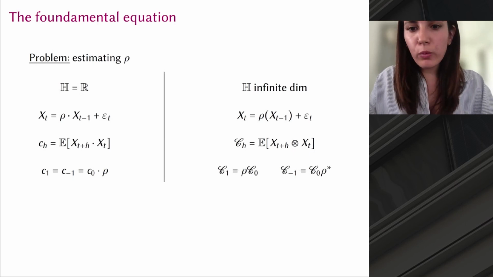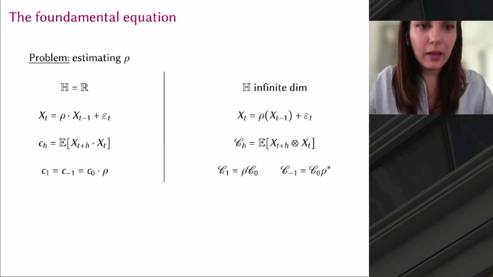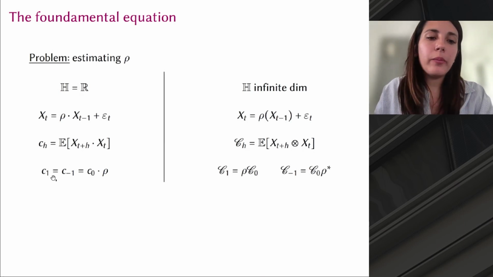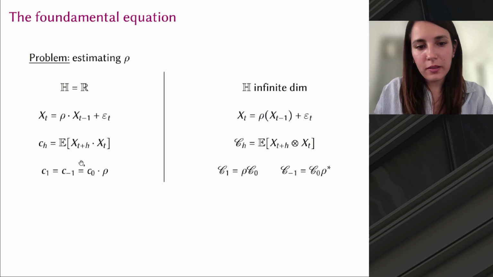Now, if we want to assume for our X_t an autoregressive model, we also want to estimate rho. Here, it can be an easier task in the sense that maybe we can invert this relation and then take a plug-in estimator.